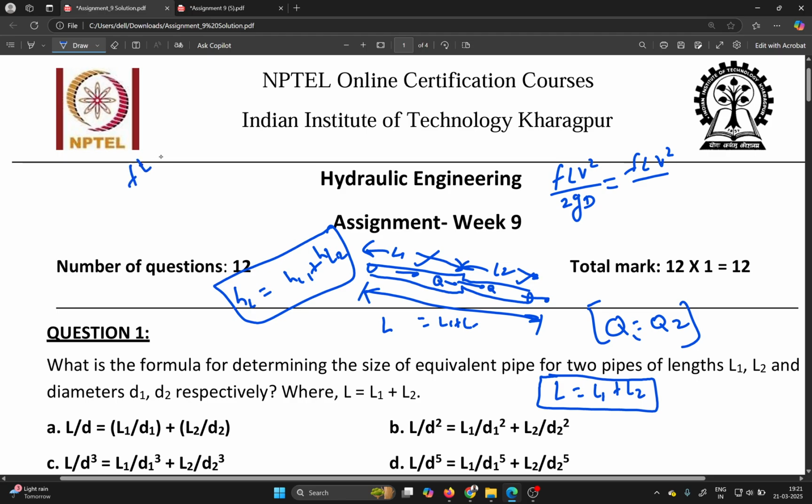V square means Q square divided by A square, that is pi by 4 into capital D square, and 2GD, so here is D square. So FLQ square divided by 2G D to the power 5, and pi square by 4 square, like that.